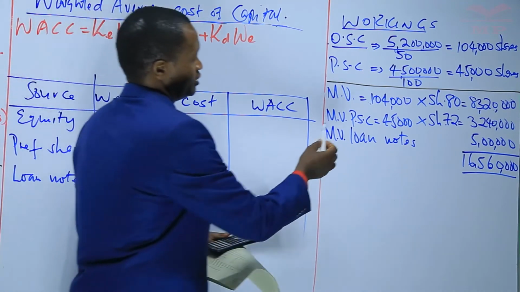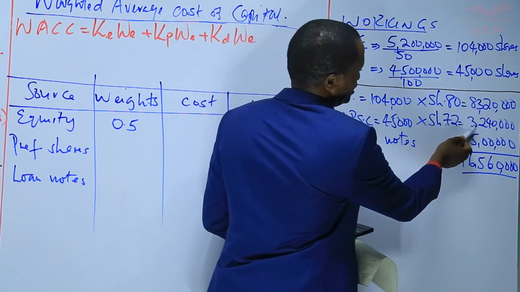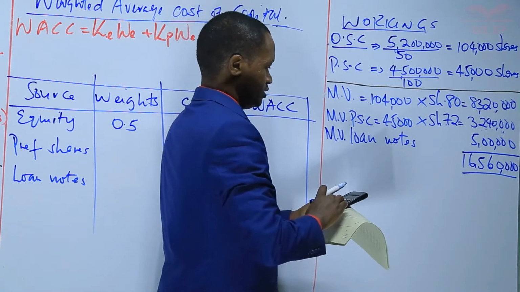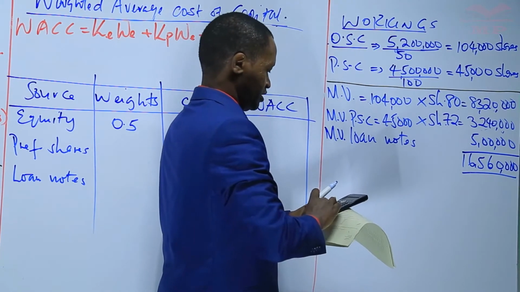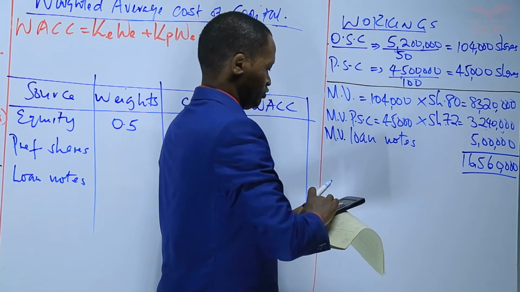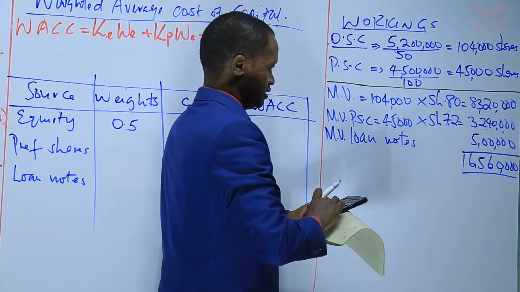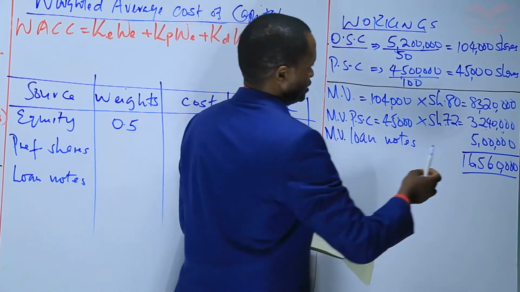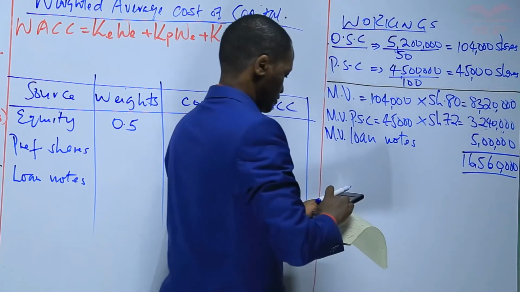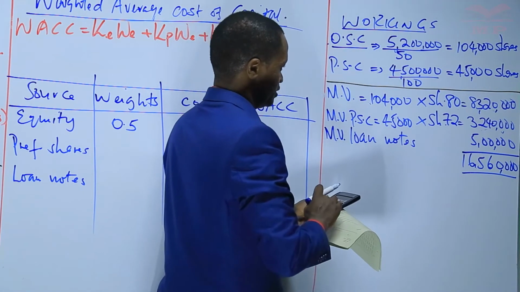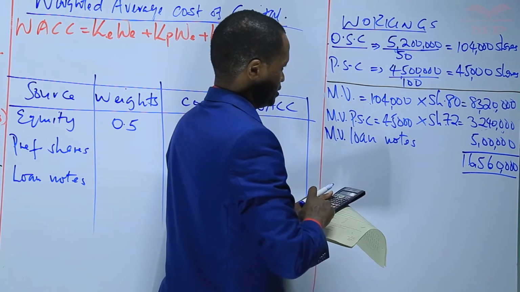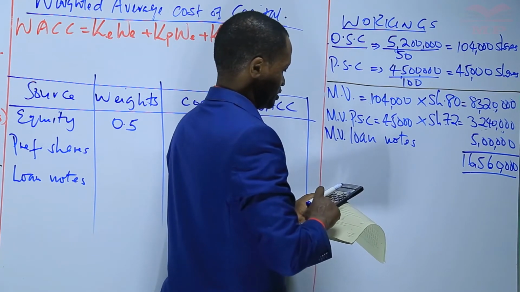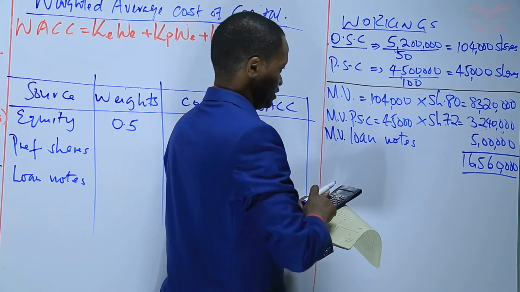The weight for preference share capital will be 3,240,000 divided by the total market value. 3,240 divided by 16,560.